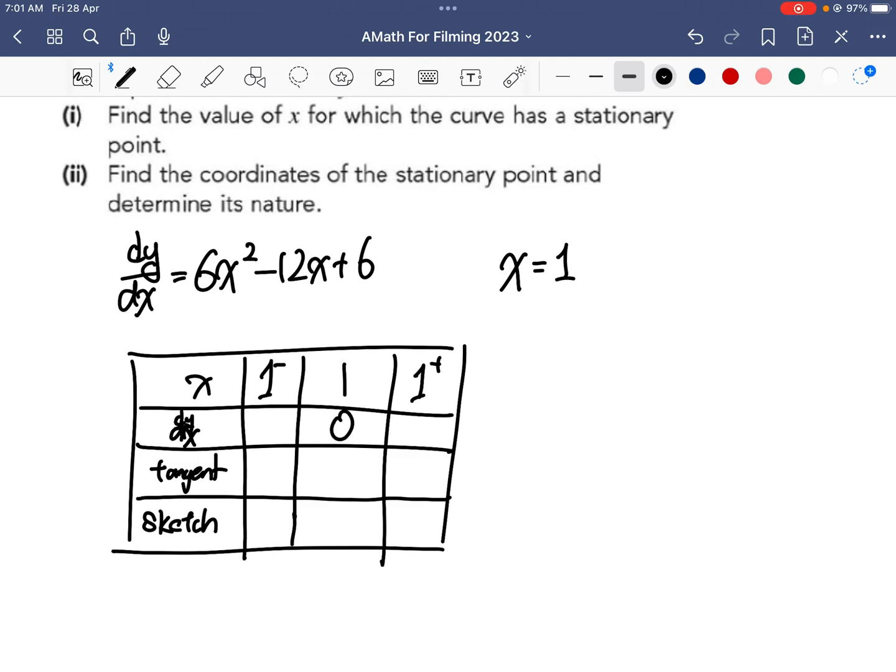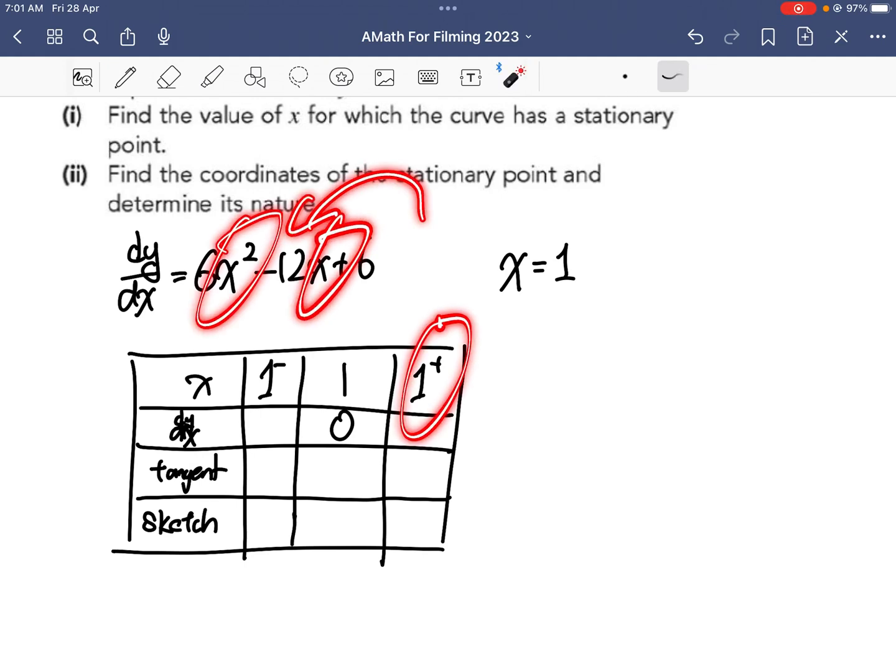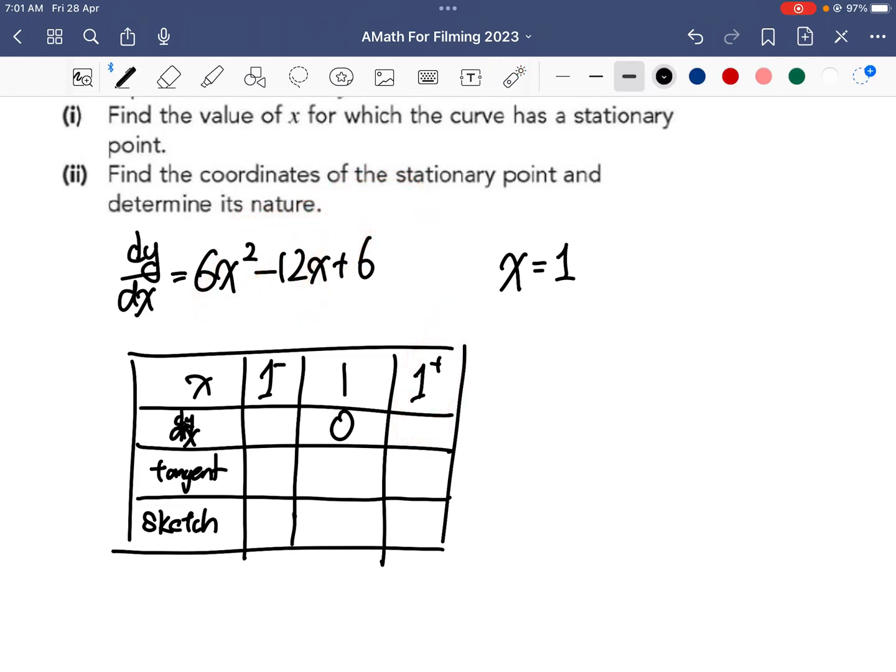If you substitute in, say, 1.1 into here and here, you will find that this is a positive value. Similarly, if you substitute a value to the left of 1, maybe 0.9, you find that it's also a positive value. So my tangent is this, 0, and this.